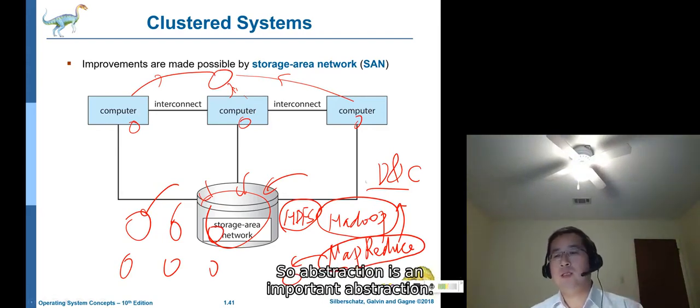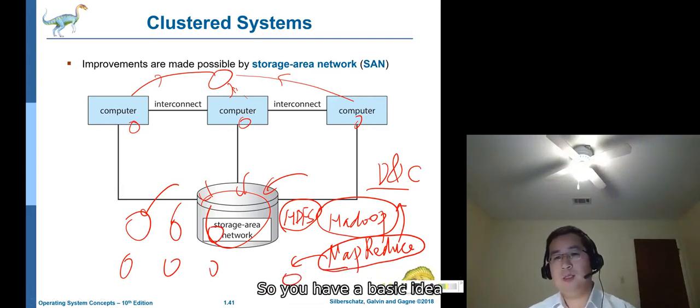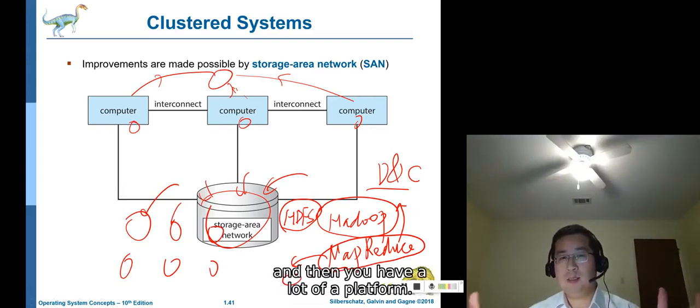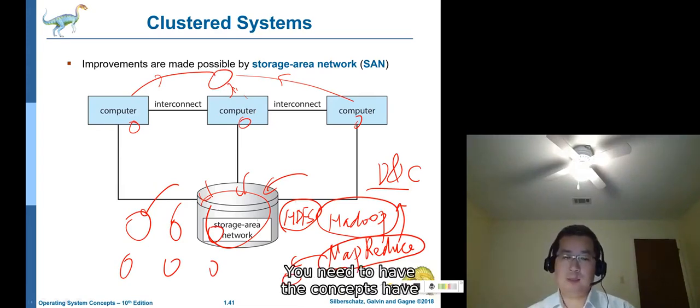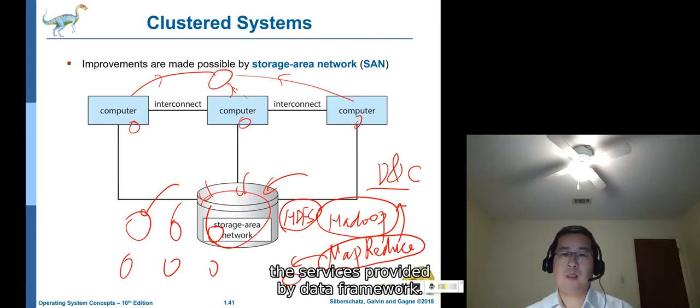So abstraction is important. You have a basic idea, and then you have a lot of platforms. You code still like you code for one computer system, but you need to have the concepts there of how to utilize the services provided by that framework.